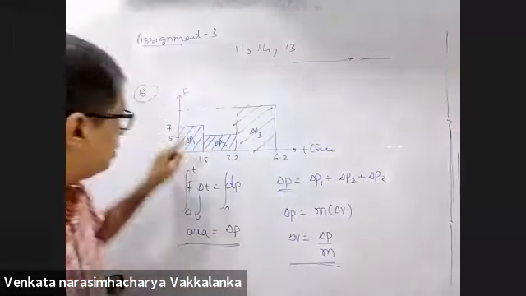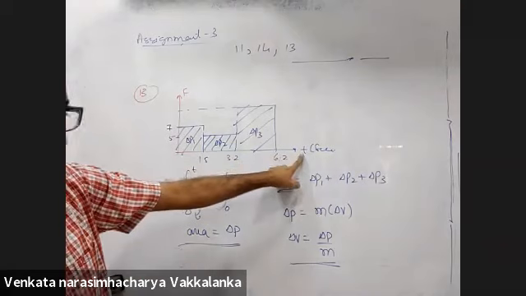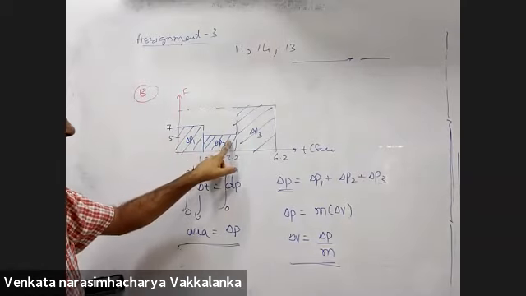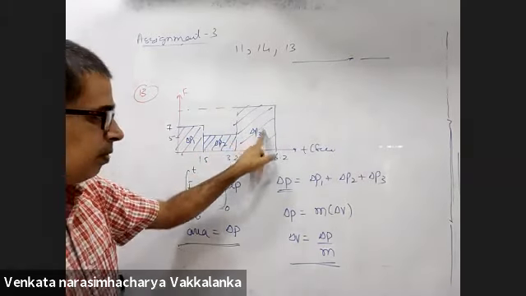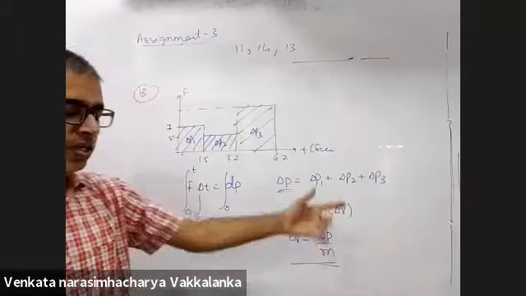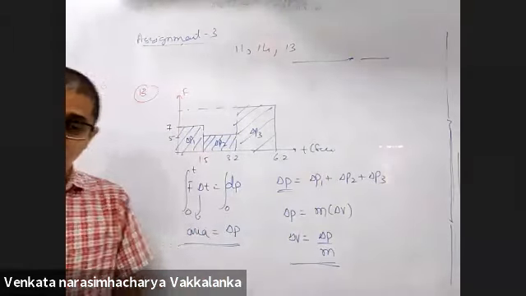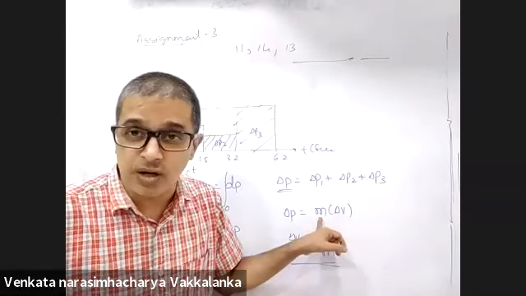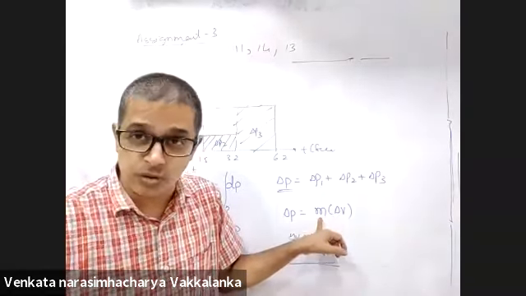Key catch here is area under the graph Ft will give me the change in momentum. Change in momentum here plus change in momentum here plus change in momentum is net change in momentum, which I can equate to mass into change in velocity. So it could even be change in mass into velocity, that is the next question.